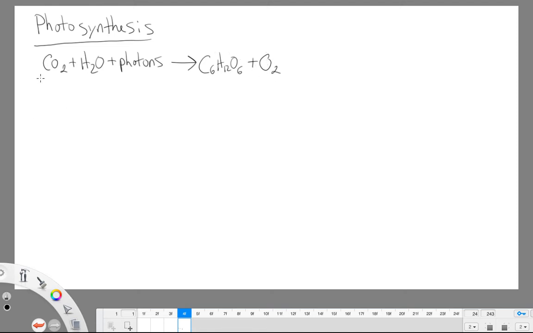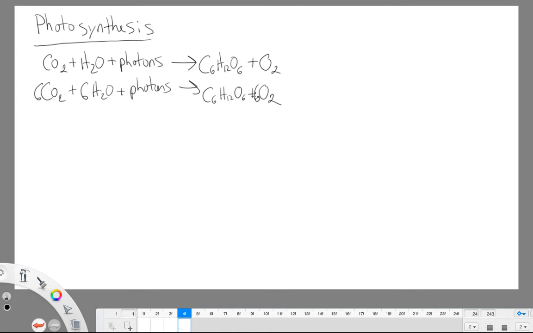And if we want to be correct with this and balance our terms here, really what's happening is we are using 6 CO2 and 6 water molecules, plus our photons, to create one glucose molecule plus, oh sorry, 6 oxygen.